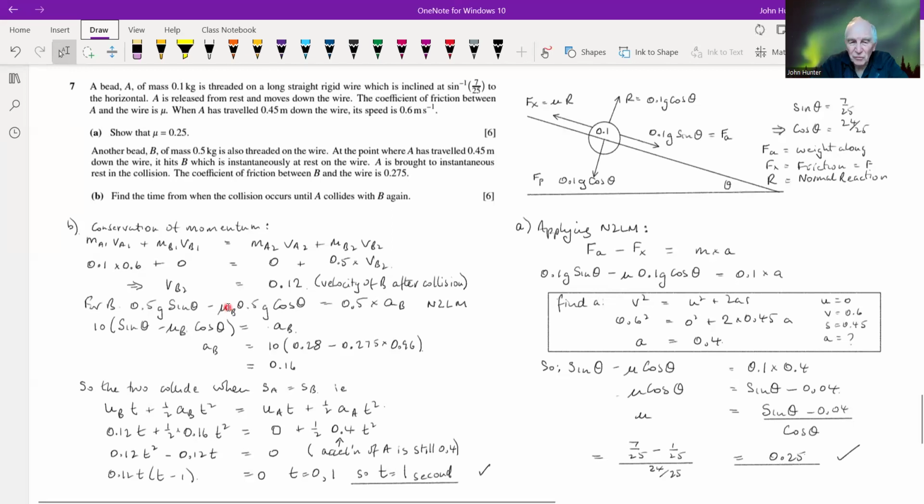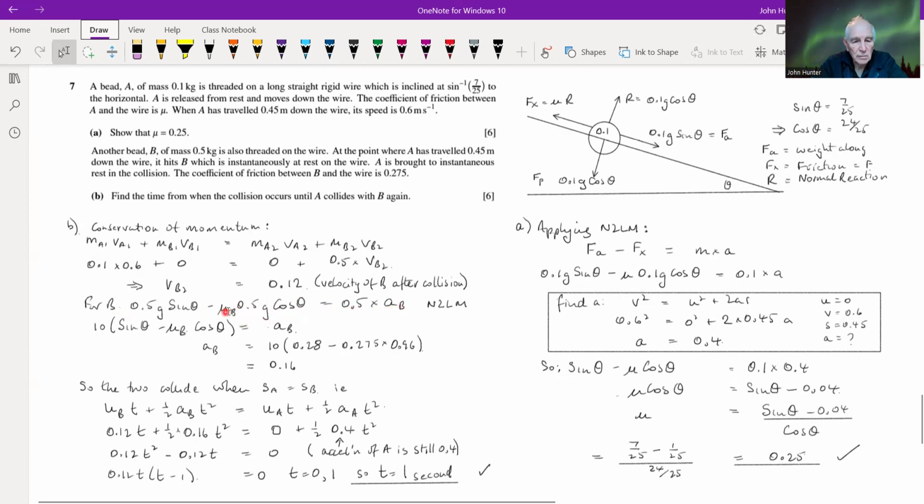But we don't know the friction on its own, but we do know the coefficient of friction and the resolved part of its weight down the slope, which is 0.5 g cos theta. So therefore that's going to be equal to 0.5 times the acceleration.